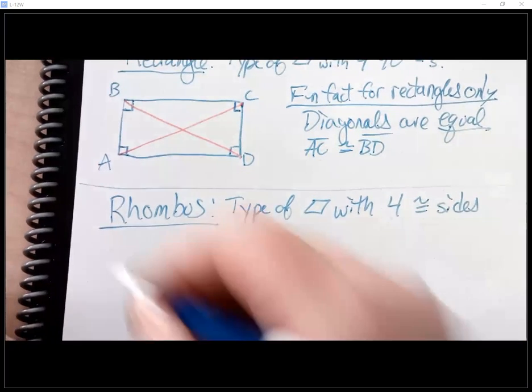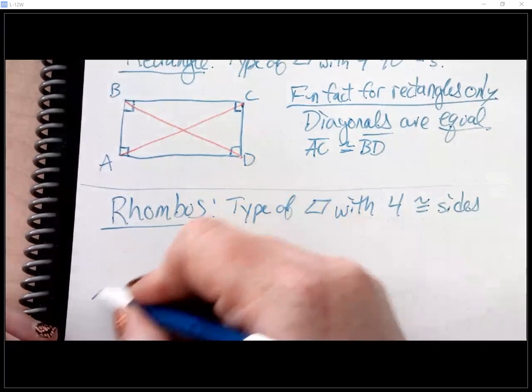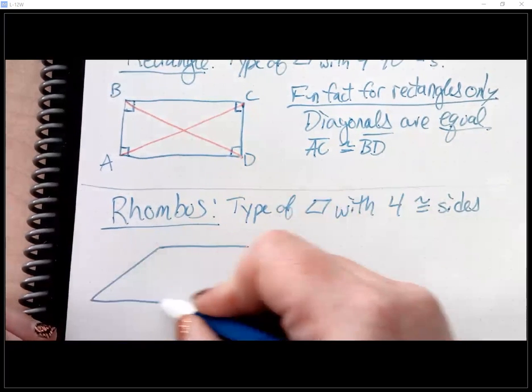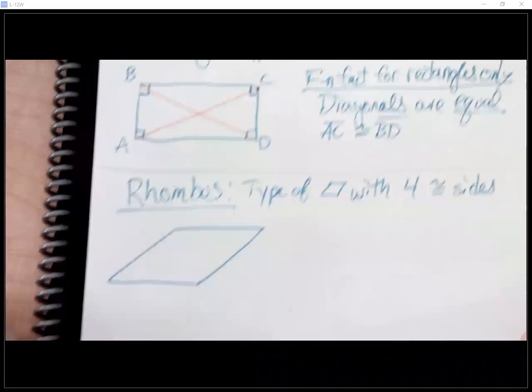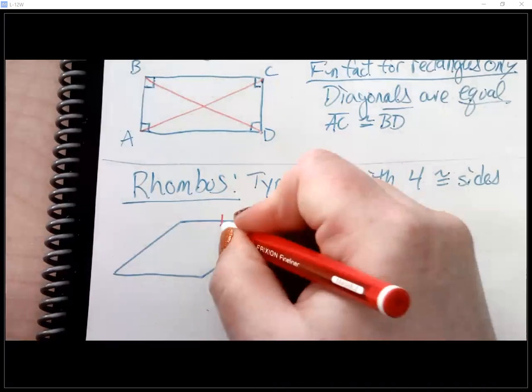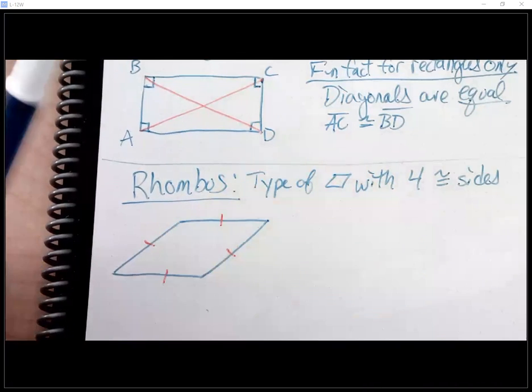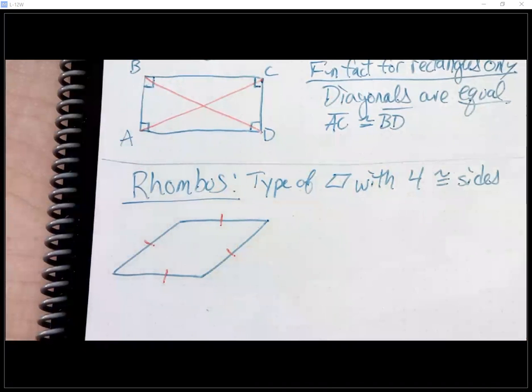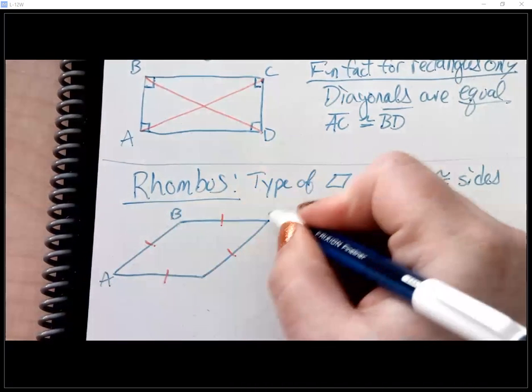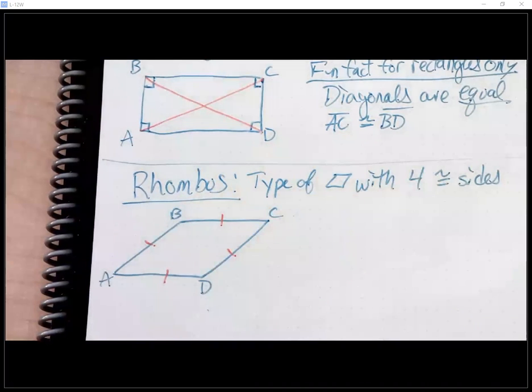So let me try and draw one. Now, yeah, Carson. So based on that definition, wouldn't a square also be a rhombus? You got it.